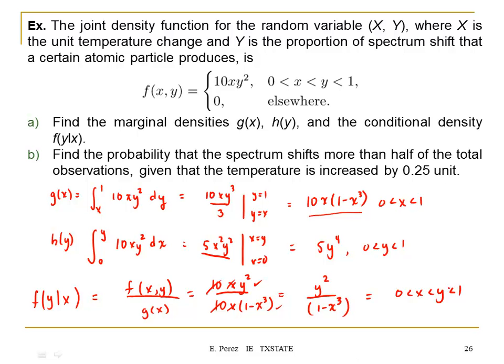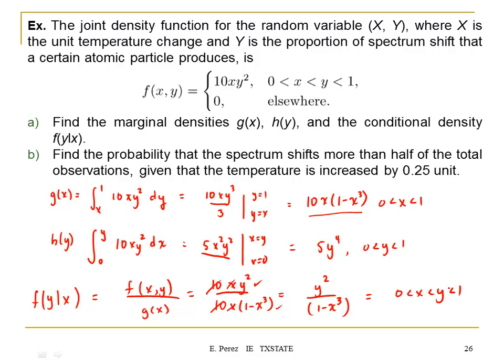Any questions? We have a second part of this problem, and I think we can do that really quick. The second part is find the probability that the spectrum shifts more than half of the total observations, given that the temperature is increased by 0.25.